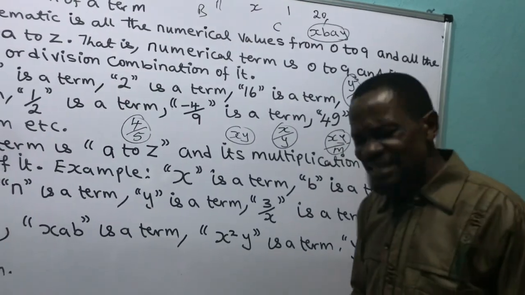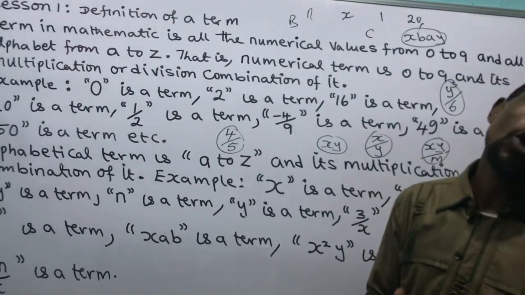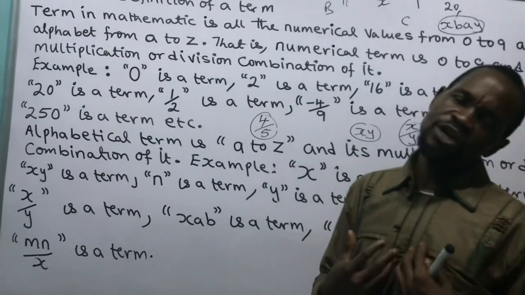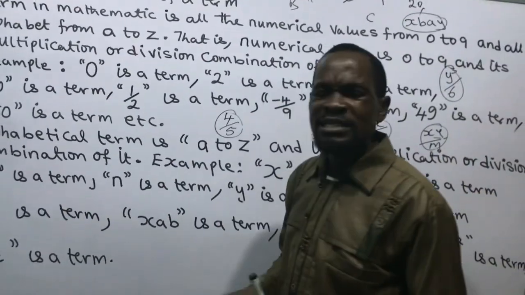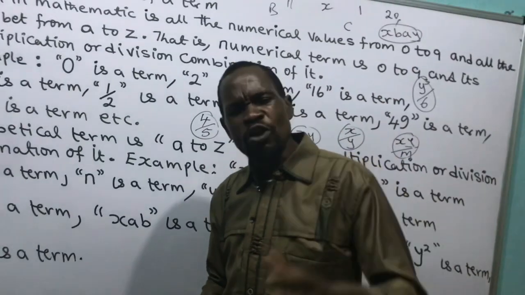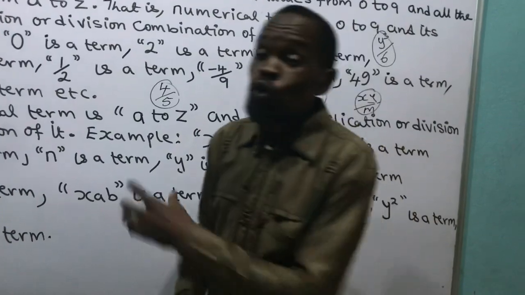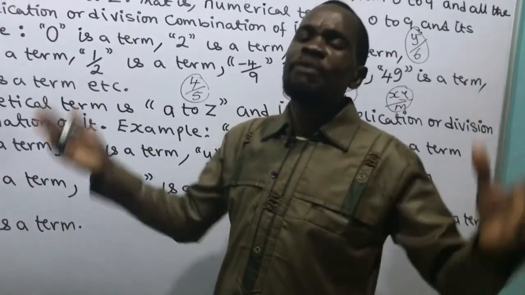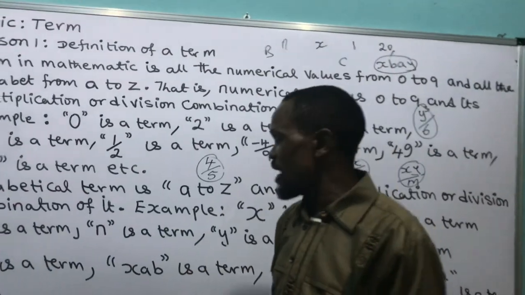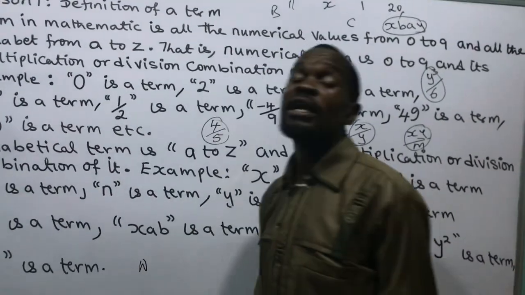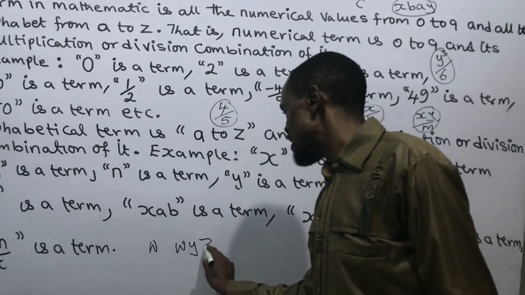So you will now see that anything you write in mathematics is called what? Term. We have already known what we mean by term now. We have defined term. We said term is a value from 0 to what? 9. And alphabet from A to Z. Any alphabet you write falls under A to Z. If I write w, w is among A to Z. If I write w, y, z, what is it?